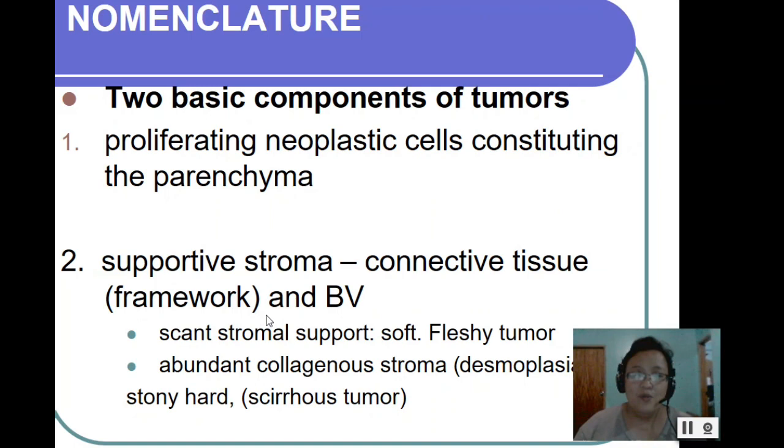So, mga nerves, blood vessels. If konti lang ang stroma, konti lang ang fibers, so it's a soft, fleshy tumor, malambot. But if there is too much abundant stroma, maraming fibers, it is stony hard, matigas, and it is known as your scirrhous tumor.